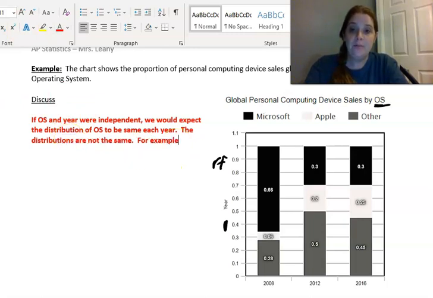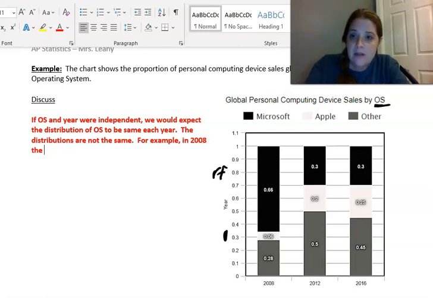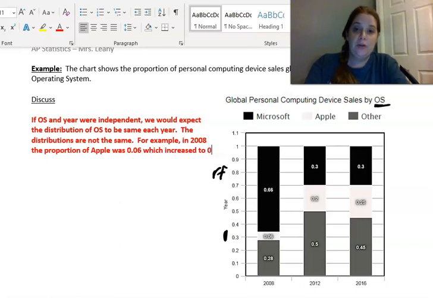For example, in 2008, that's that first year, the proportion of Apple was 0.06, which increased to 0.2 in 2012 and to 0.25 in 2016.